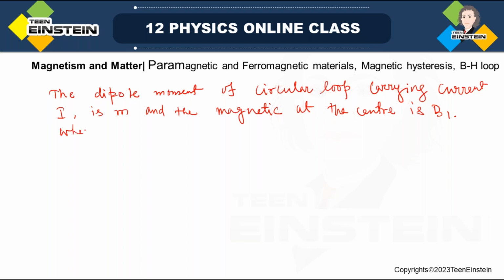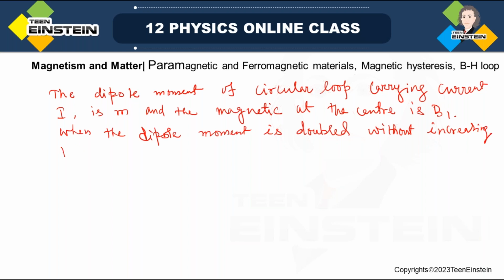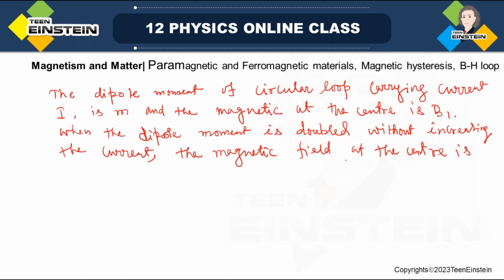Now when the dipole moment is doubled without increasing the current, the magnetic field at the center is B2.